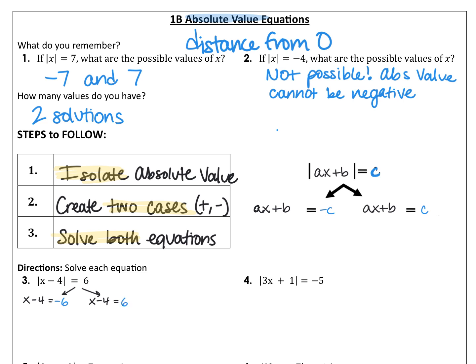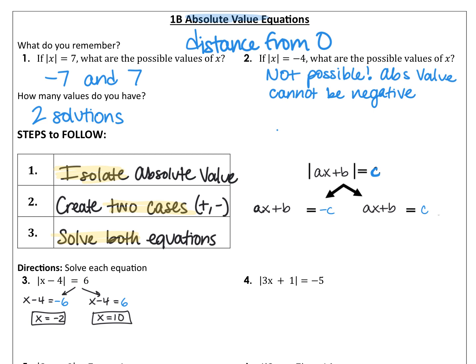And you solve both of these. Obviously I would add 4. That would get me -2. And if I add 4 on this one, I would get 10. Sometimes we write that as a comma list: -2, 10.